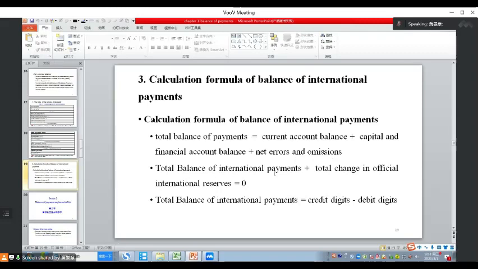Total balance of international payments plus total change in official international reserves equals 0. From this formula, we can calculate the total change in official international reserves. Third, total balance of international payments equals credit digit minus debt digit.